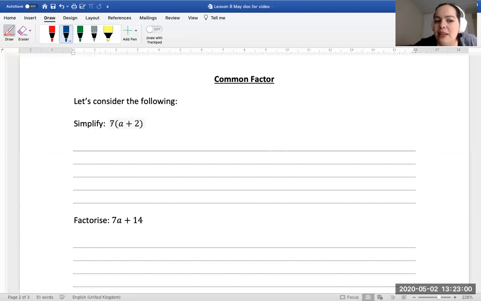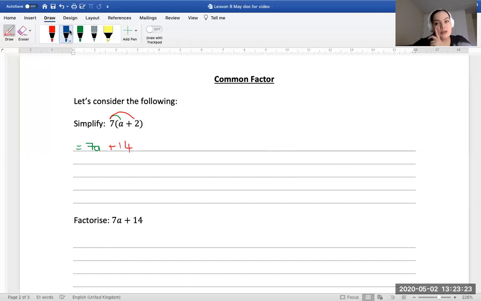Hopefully we remember that this means 7 times a plus 2, and we're going to distribute. So 7 times a is going to be 7a. Then we distribute the next one, so 7 times positive 2, and that's positive 14.